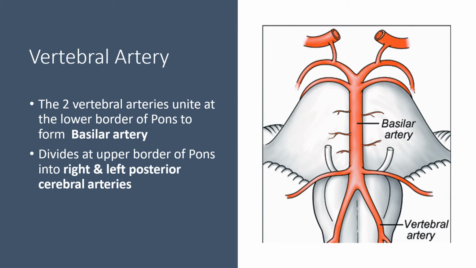So, the two vertebral arteries unite at the lower border of the pons to form the basilar artery. It passes upwards on the ventral aspect of pons through the basilar sulcus, and at the upper border of the pons terminates by dividing into right and left posterior cerebral arteries.